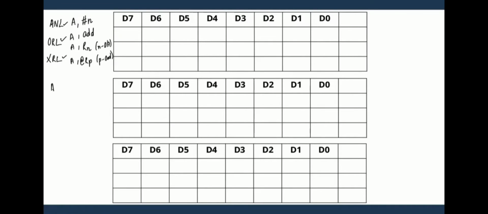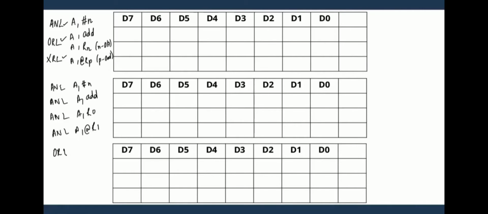ANL A comma hash n, like that ORL A comma hash n. So ANL A comma hash n, ANL A comma address, ANL A comma R0, ANL A comma at the rate R1.